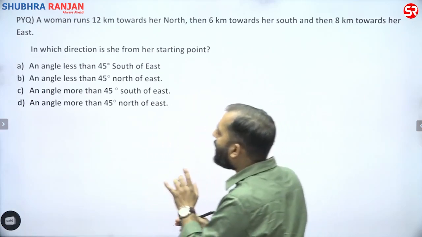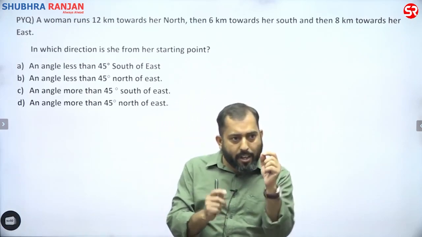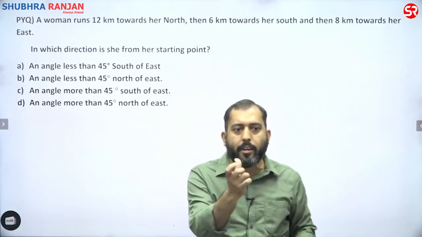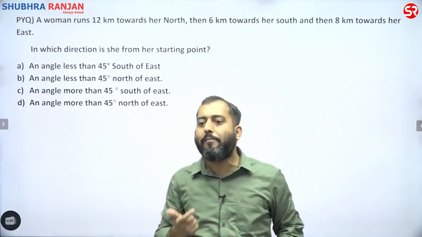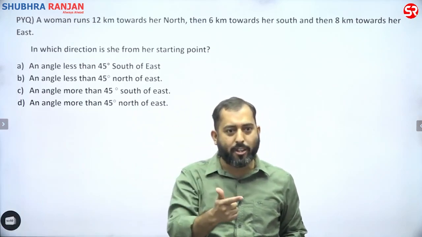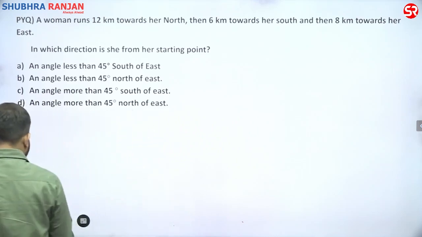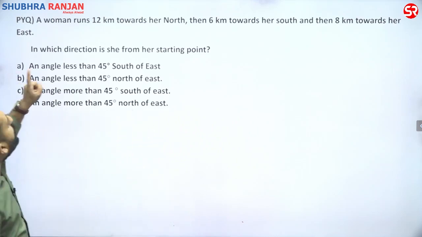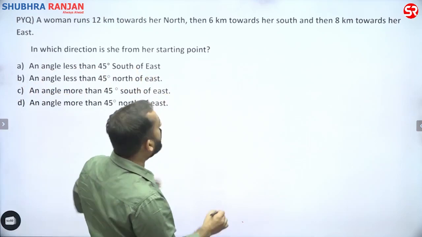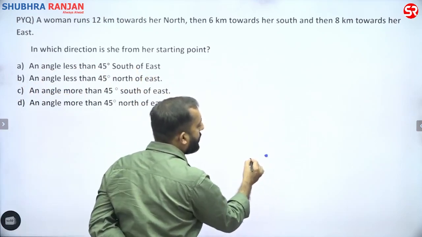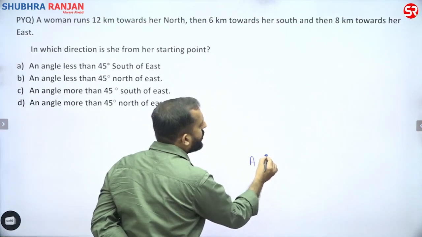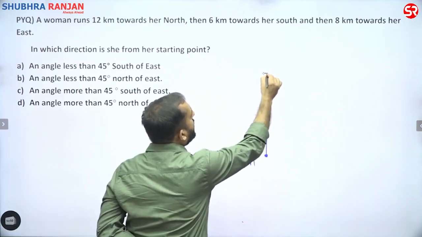Now listen to me, guys. This question is not that difficult, but we have to be very careful with the things that we have learned in the beginning of the lecture. We should be little careful. Now listen. In this question, a woman runs 12 kilometers towards north. So let's say A was the point, and from this point she runs 12 kilometer north.